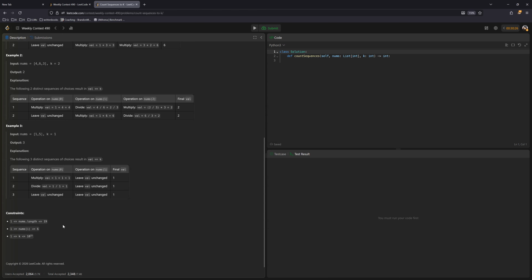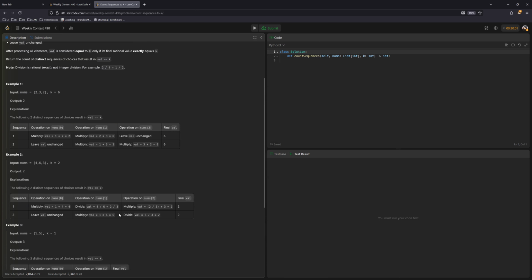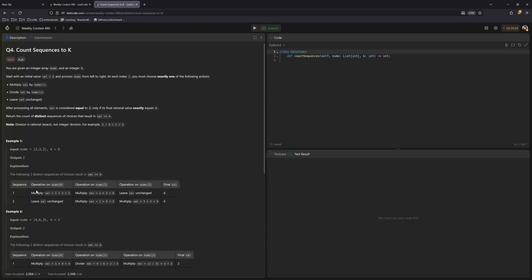So we have every possible value at every possible point in time. There's only 6 numbers. This is kind of weird. Okay, multiply, divide, or unchanged.